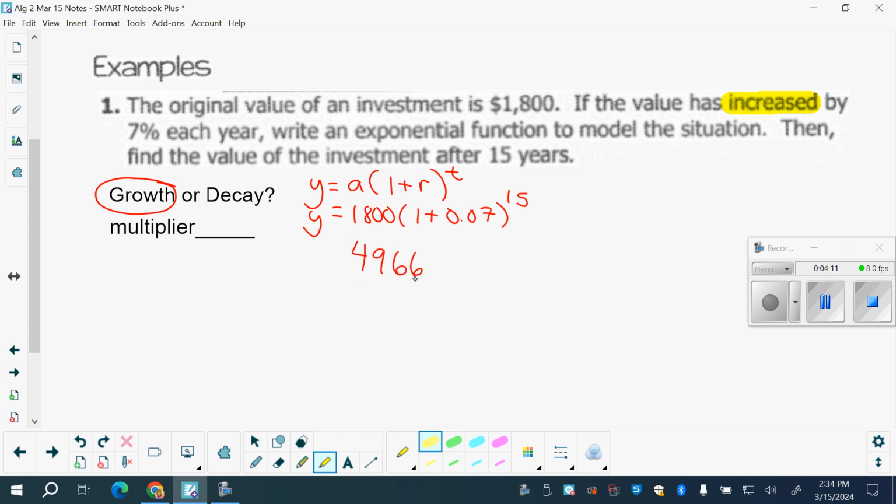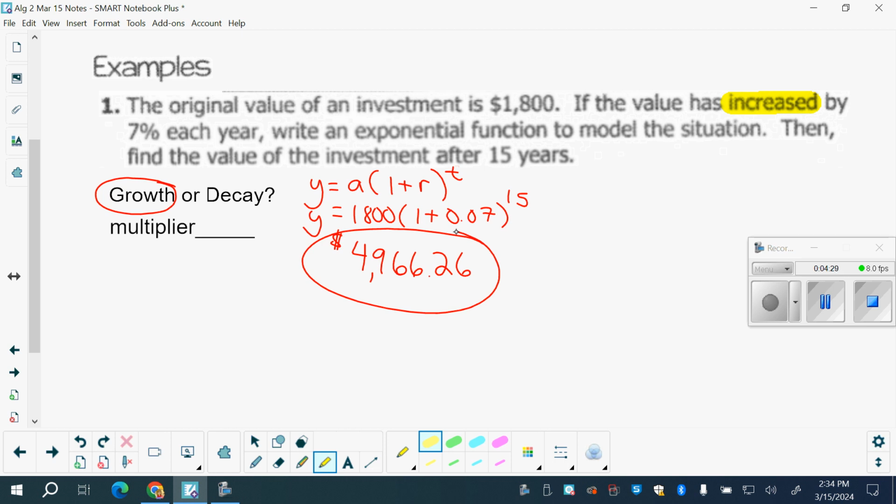So this is money. So how should we round? That's right, to the nearest cent, which is hundredths. So $4,966.26.